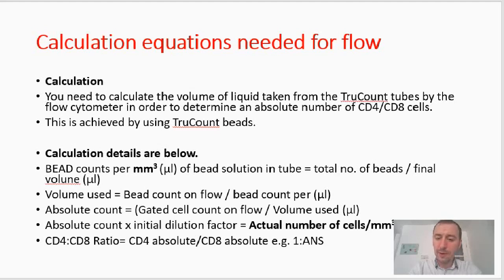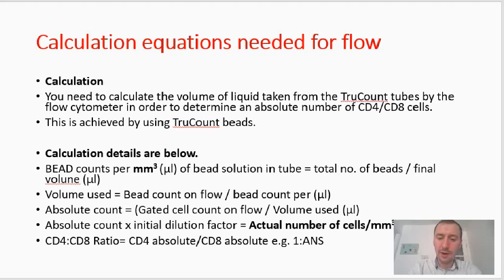And the absolute count will be the gated cell count on the flow cytometer, okay, the number of cells that the results report, divided by the volume used, okay. And then, as I said before, once you have that absolute count, you need to adjust for the dilution factor.